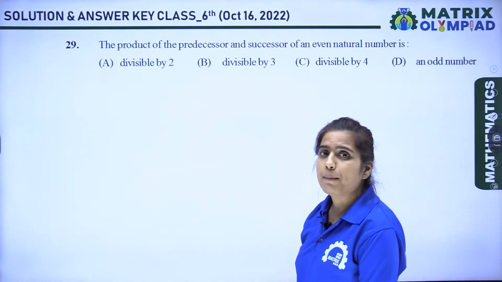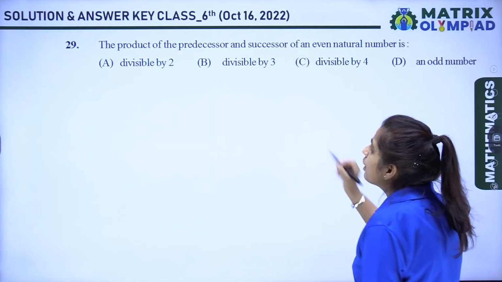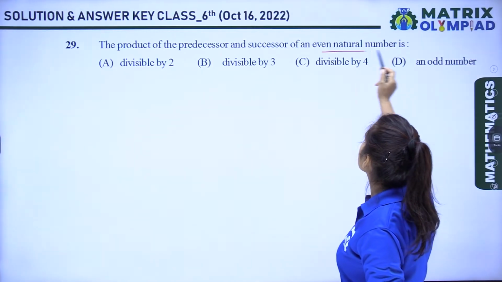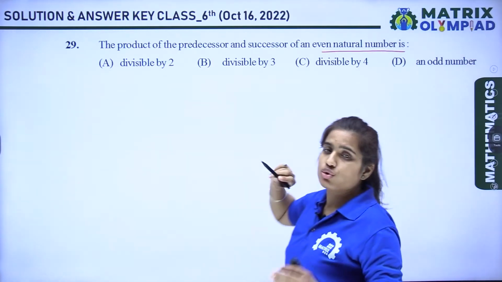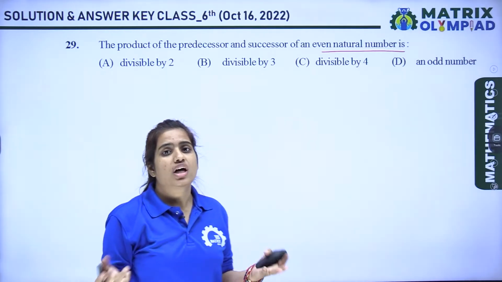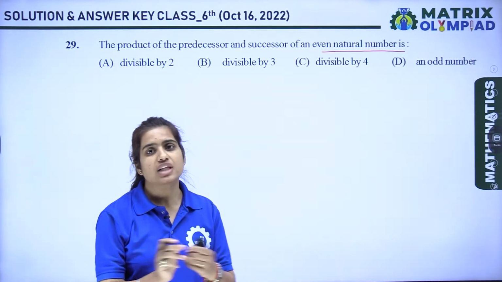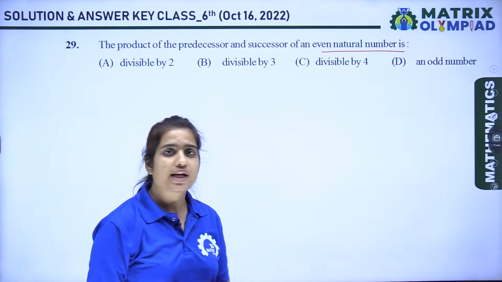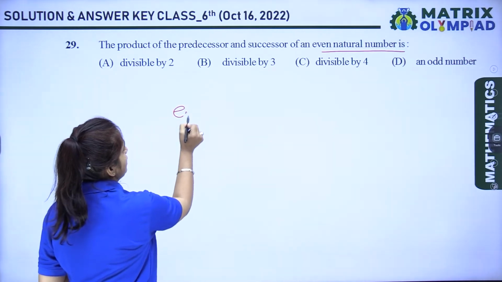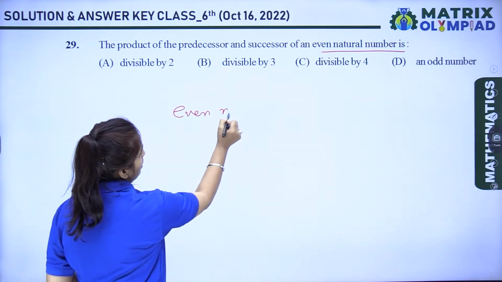Now, question number 29. The product of the predecessor and successor of an even natural number. So first of all, we have to be clear with the numbers. Even numbers are the numbers which are divisible by 2. So let's take an even number.